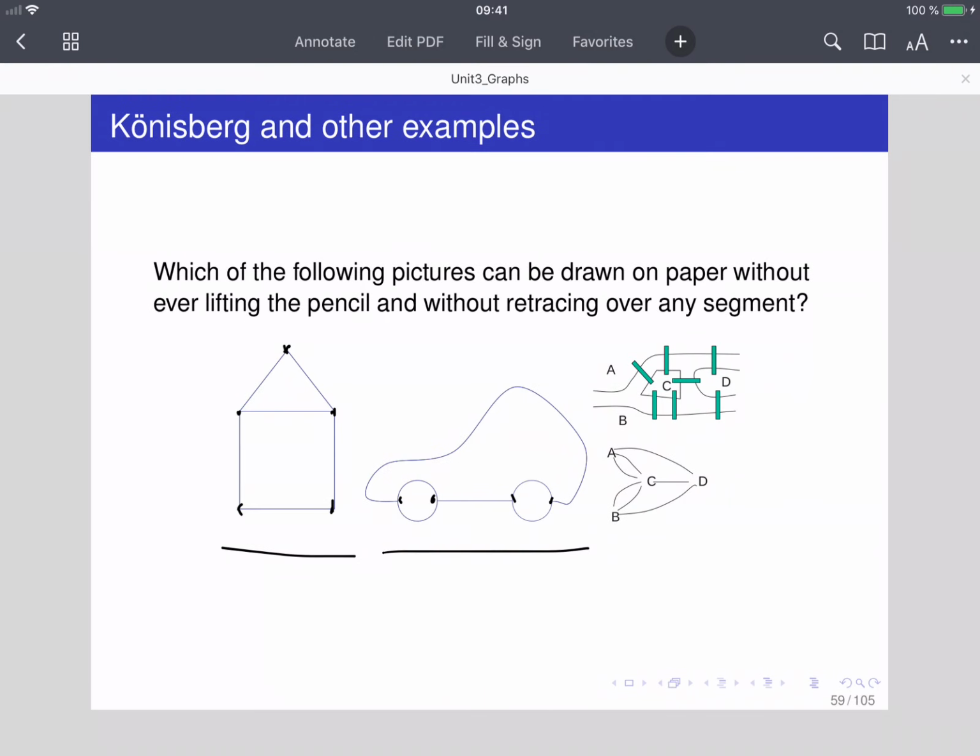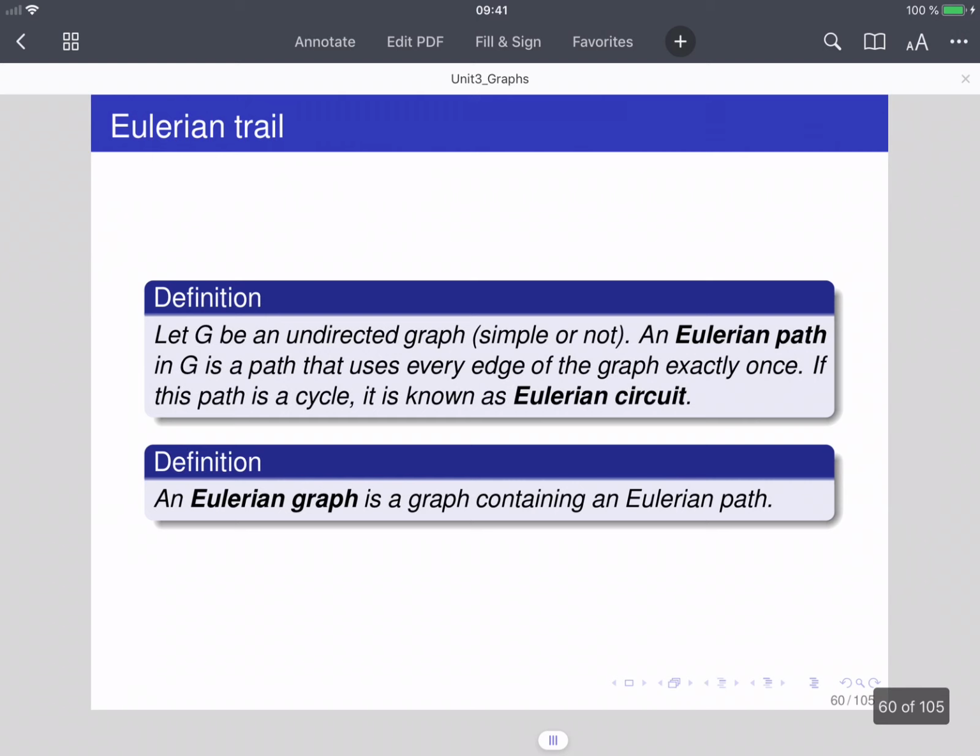Okay, so let me define this in a more formal way, and we say that we have an Eulerian path in a graph if this path uses every edge once and only once. Okay, and if the path is a cycle, then it is known as an Eulerian circuit, or cycle. And we say that the graph is Eulerian if it contains one of these paths.